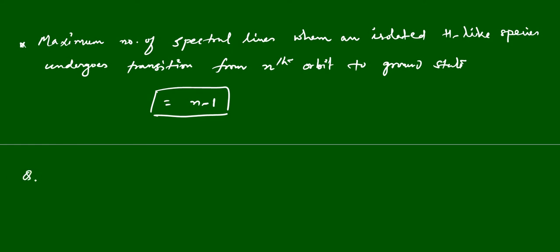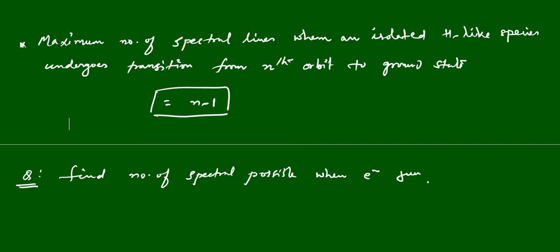We can have a basic question here. Find the number of spectral lines possible when an electron jumps from, first one, the sixth excited state to the ground state.